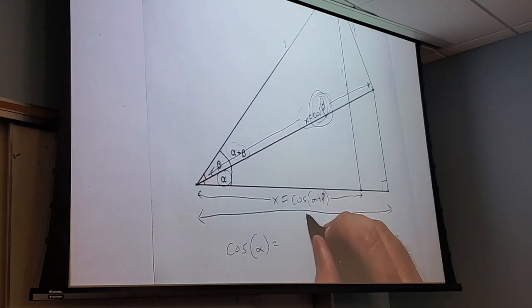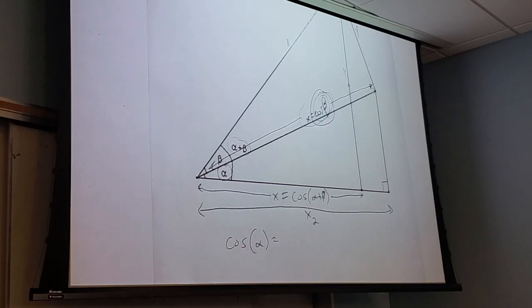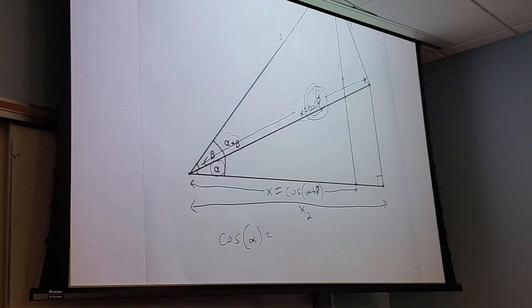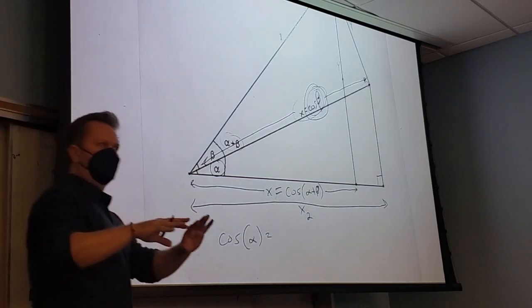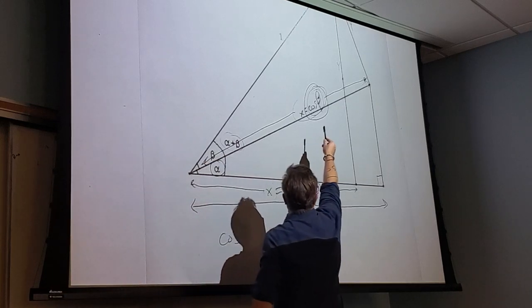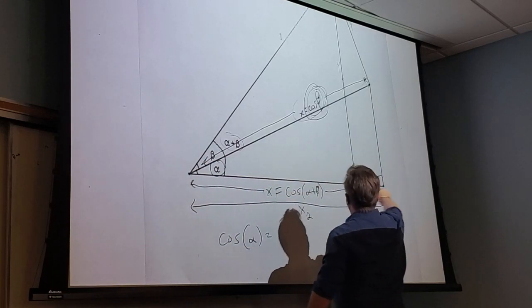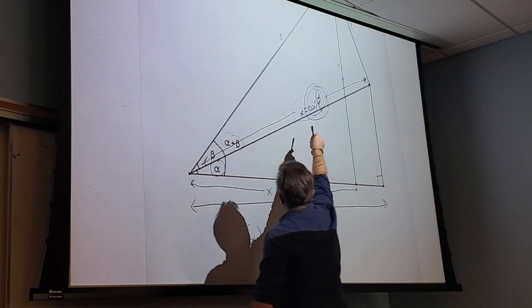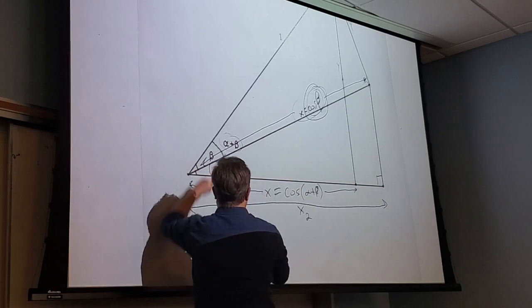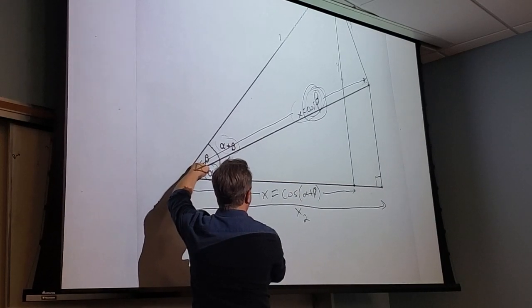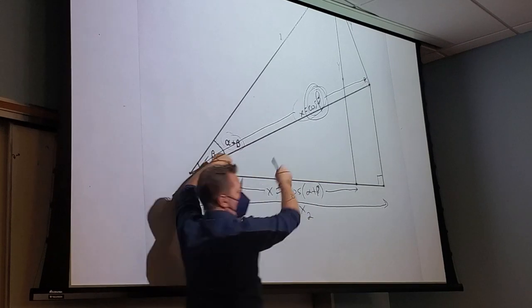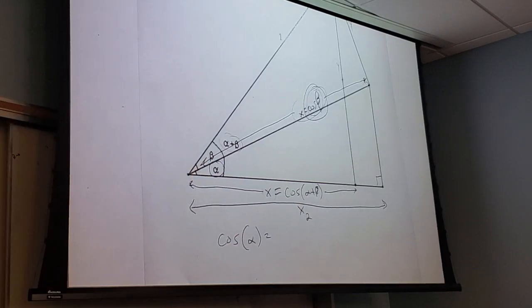We'll call this whole thing x2. Again, just focus on that one right triangle we're looking at. We know what its hypotenuse is now, this big one at the bottom here. What is cosine of alpha? x2 over cosine beta, right?